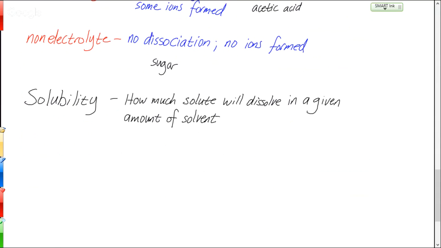So let's say you have 100 milliliters, or it's usually done by mass, so 100 grams of water. How much salt can you add until it stops dissolving? That number, whatever that is, is called the solubility. So if you can put 35 grams in before it starts just falling to the bottom without dissolving, then you'd say the solubility of that solute is 35 grams per 100 grams of water.